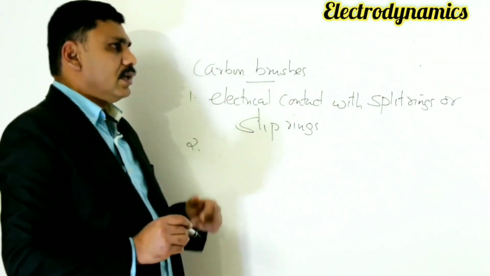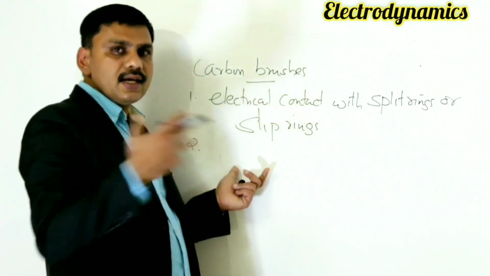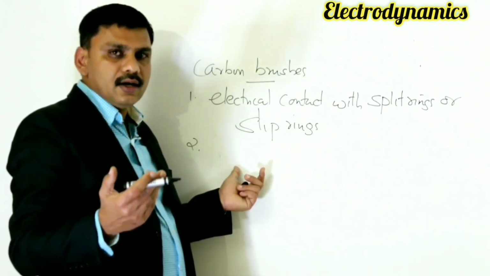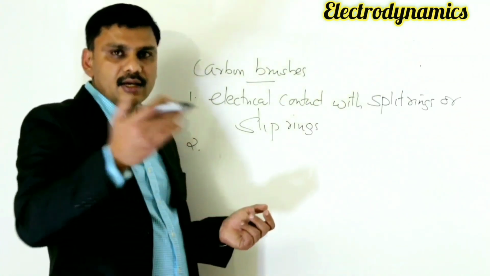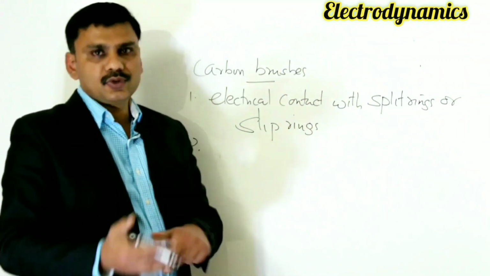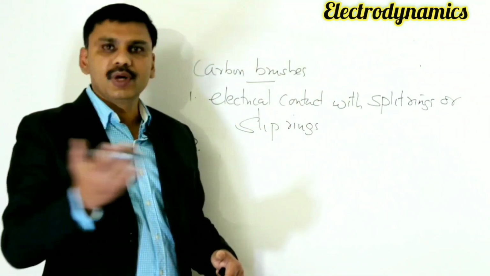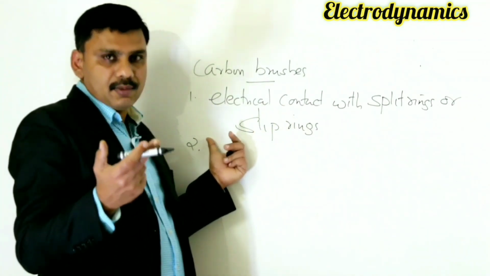Then what is another one? It is taking electric current to the outside circuit. Through carbon brushes, the current is going outside. That is the second function of the carbon brush.